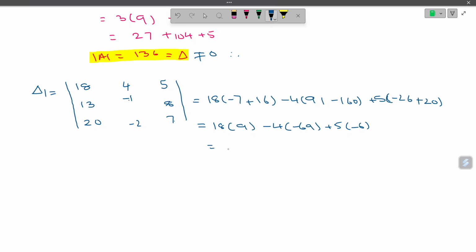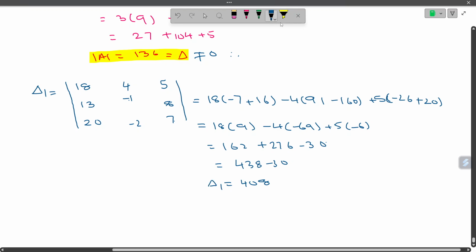So 18 nines are 162, plus minus 10, minus plus 276, minus 30, which equals 438 minus 30 equals 408. This is our del 1. Del 1 is 408.